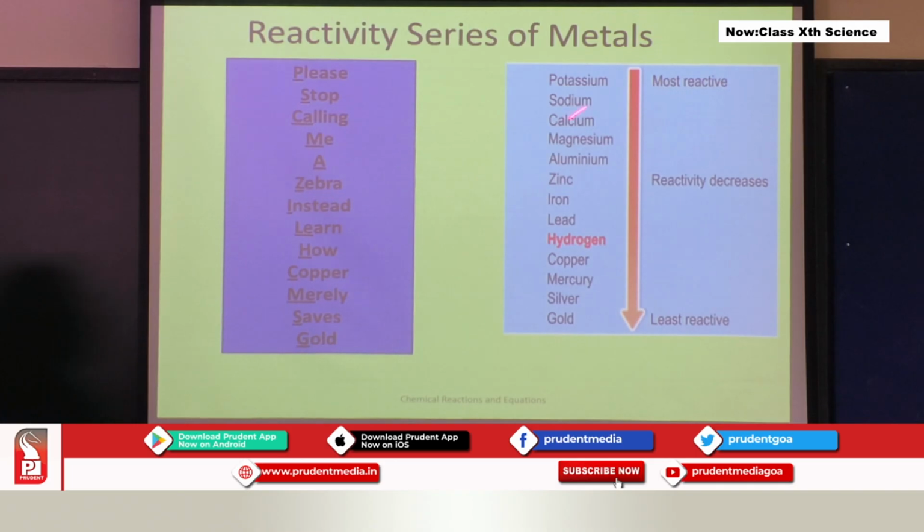According to this reactivity series, the highly reactive metal is potassium, correct. Next, sodium, calcium, magnesium, aluminum, zinc, iron, lead, hydrogen, copper, mercury, silver and gold.